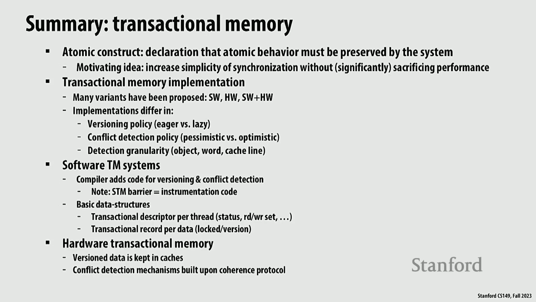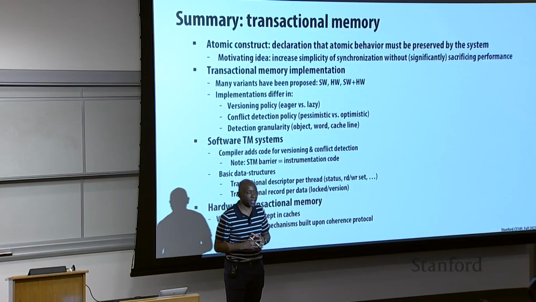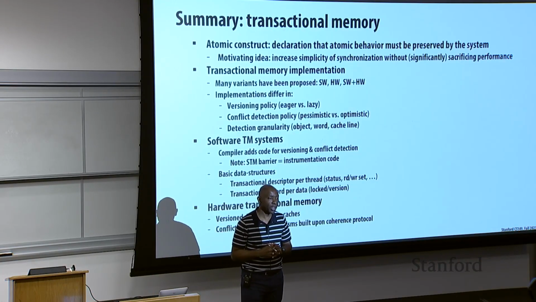You have the ability to make trade-offs between different points in the design space. And if you really want to reduce the overheads of software, then hardware is kind of a key requirement. And once you understand cache coherence, it's a minor delta to understanding how you would implement a transactional memory system.